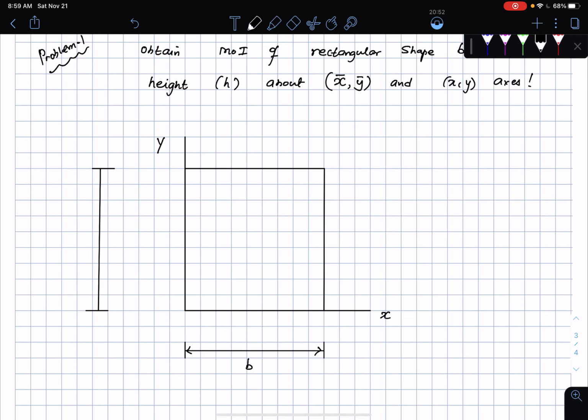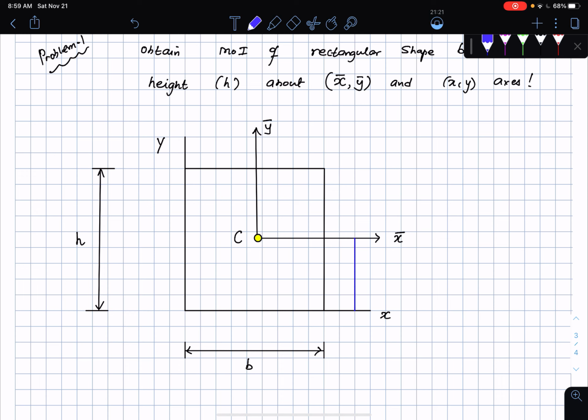Now, where is the centroid of the rectangle? Of course, it's going to be right at its center. So this is the centroid C, which means that I'm going to set up a centroidal axis here, which is going to be called x bar and y bar. Then I mark the distance between these two axes.